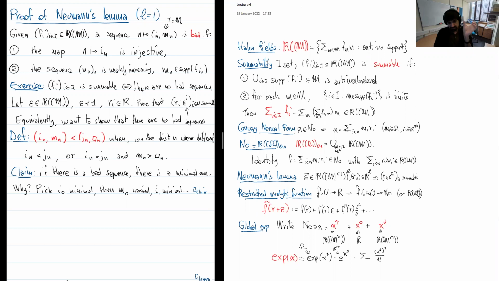And so we know that no i_n can be repeated, because by definition of these bad sequences, this map is always injective. So it remains injective as we do this construction. And likewise, the monomials m naught, m1 that are appearing are also going to be weakly increasing because of this. So this is going to be a bad sequence as well.